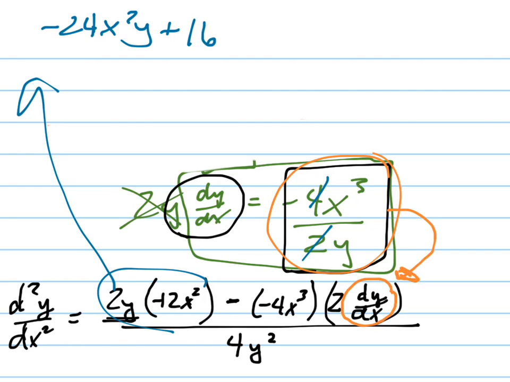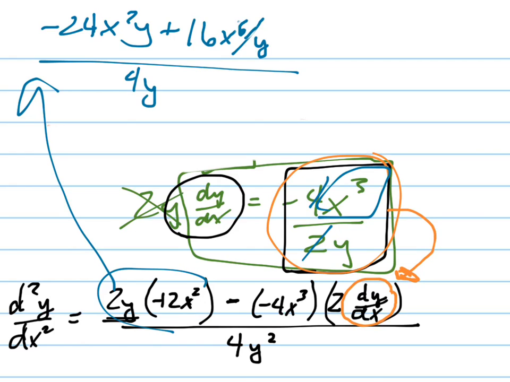So that's going to be 16x cubed over y. Oh, nope, because there's more x's here. So it's x to the 6th over y, not x cubed. That was x to the 6th, all over 4y squared. And then simplify this.